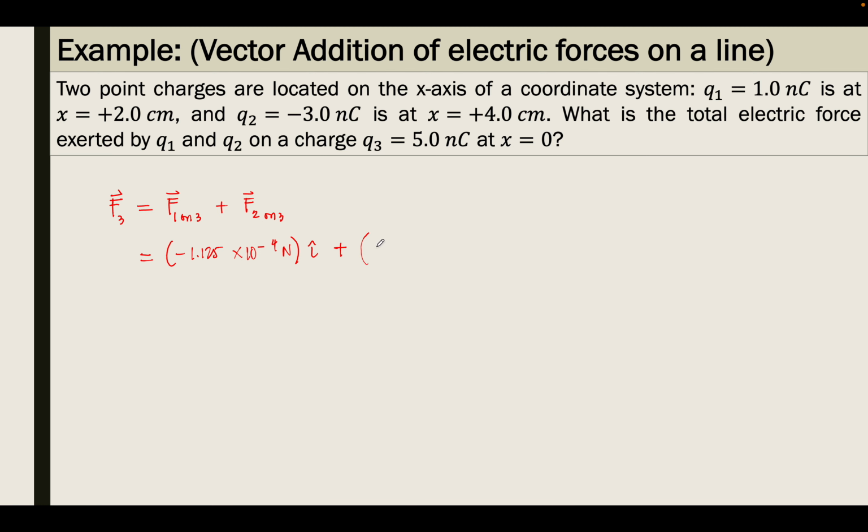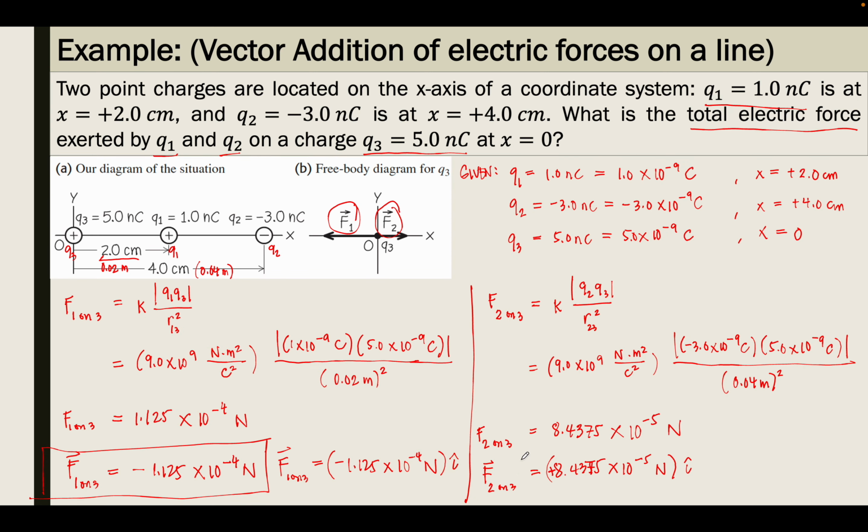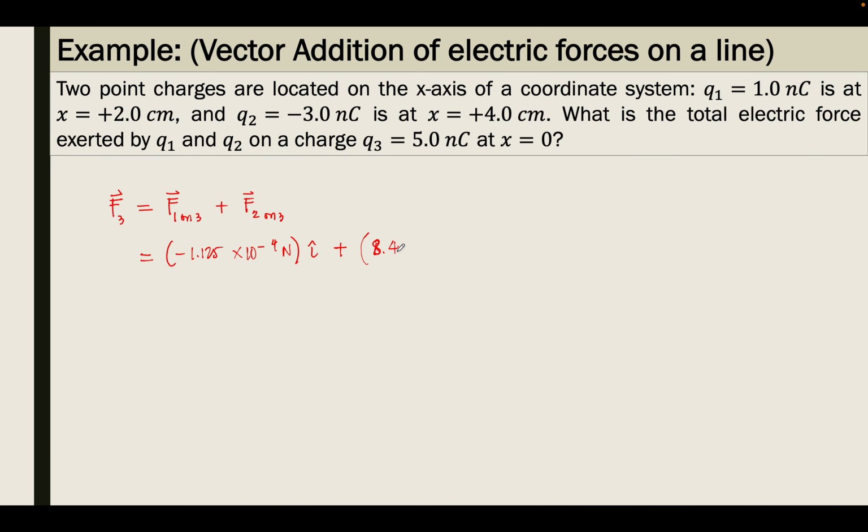plus 8.4375 times 10 to the power of negative 5 newtons I hat. So both of them are I hat, meaning all three are along the x-axis.